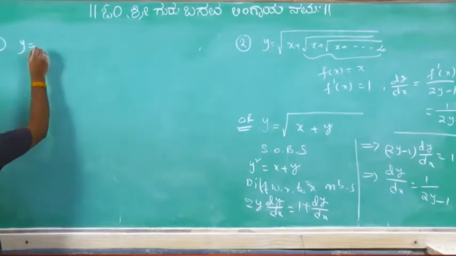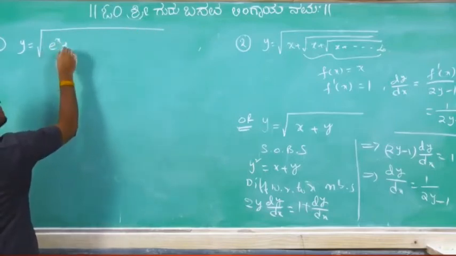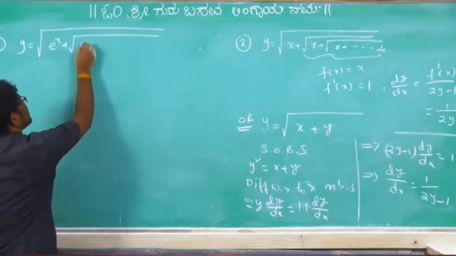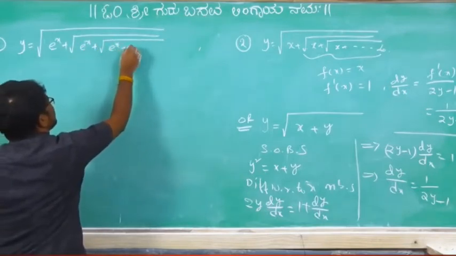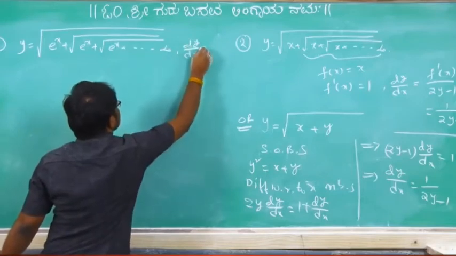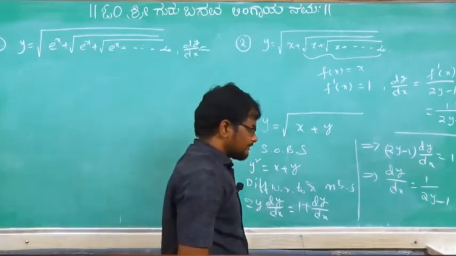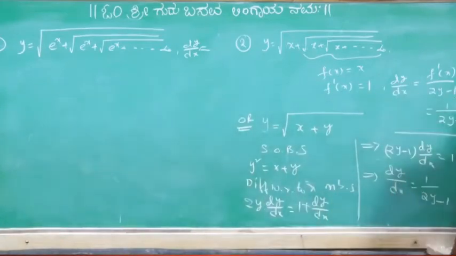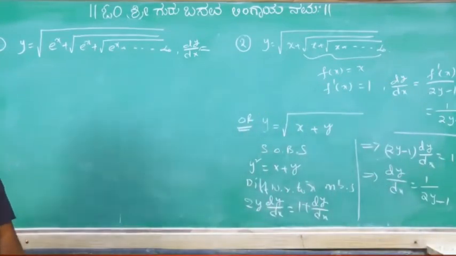y equal to root of e power x plus root of e power x plus root of e power x up to infinity. Then dy by dx is asked. The answer is e power x by 2y minus 1, because for this type of problem dy by dx is f dash x by 2y minus 1.